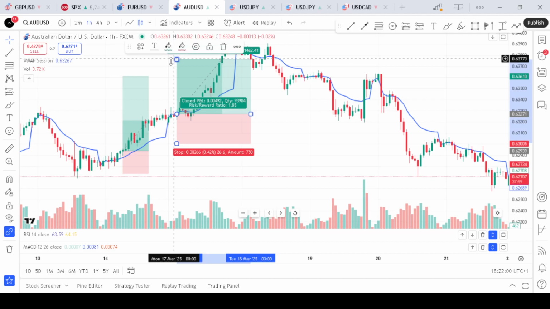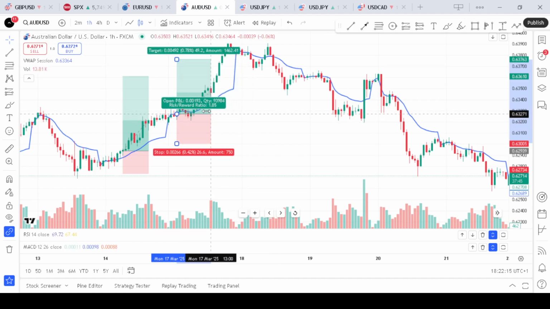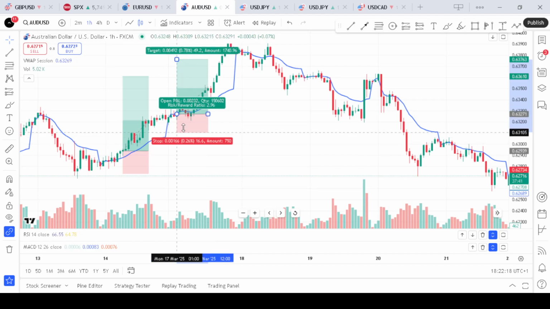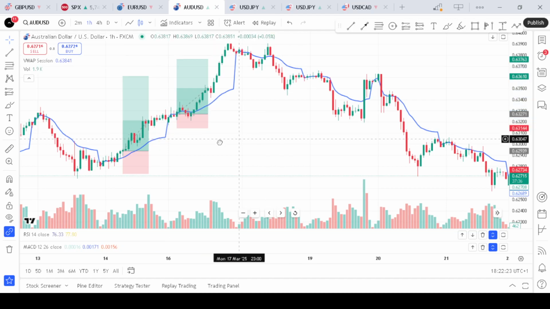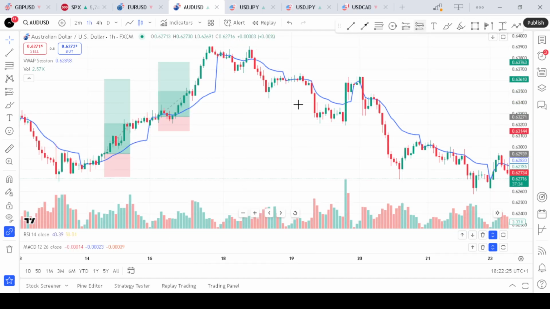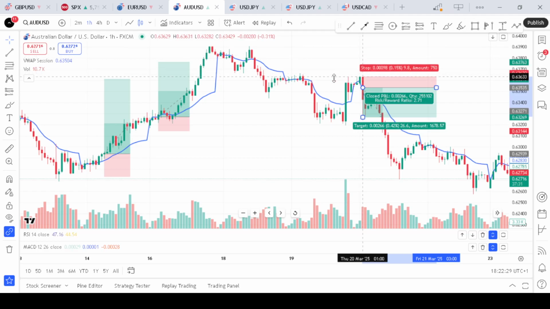Remember, setting your stop loss is very important. You set your stop loss at a crucial place for risk management, and a common approach is to place your stop loss just below the recent swing low in a bullish trade, while in a bearish trade, when we see the retest, we'll place it just above the previous swing high.